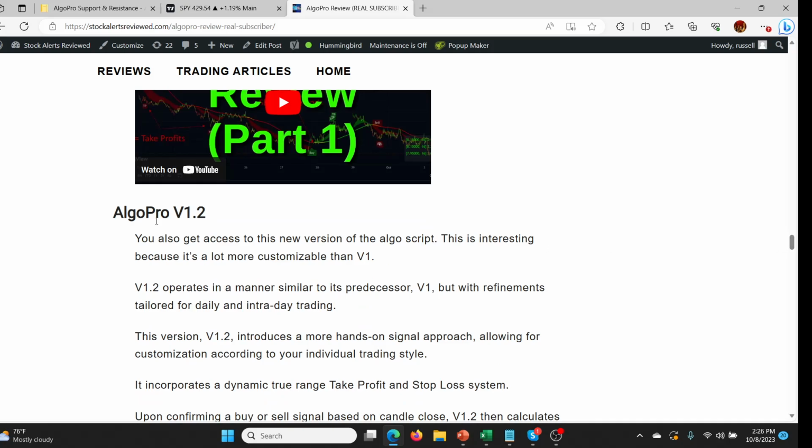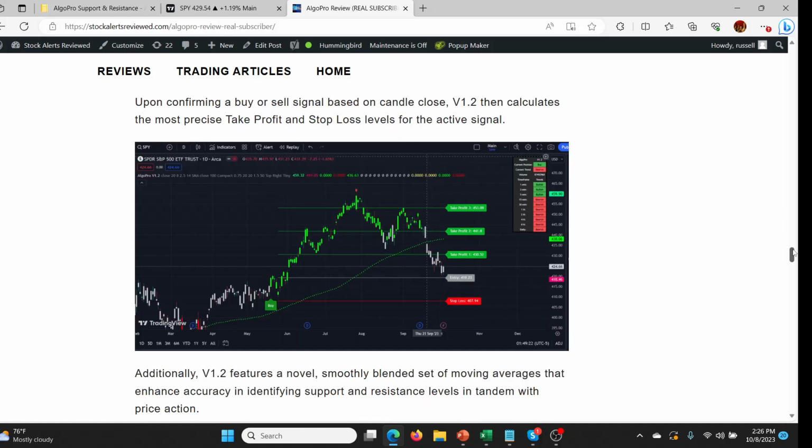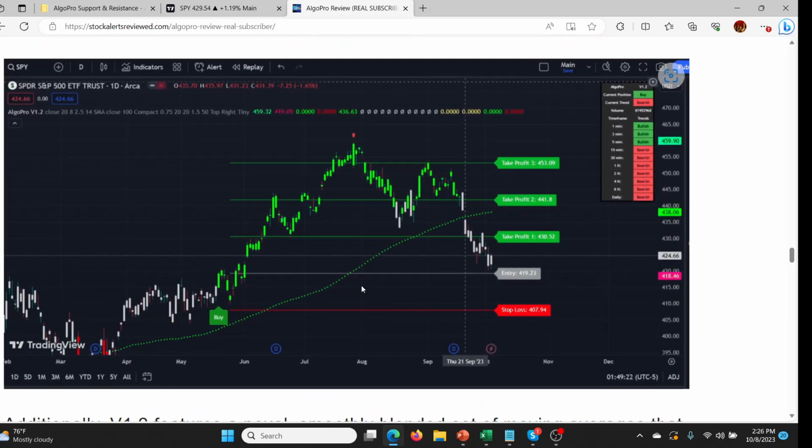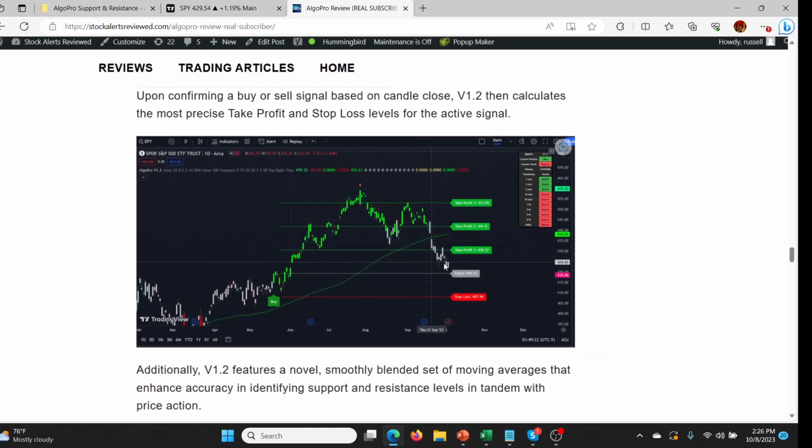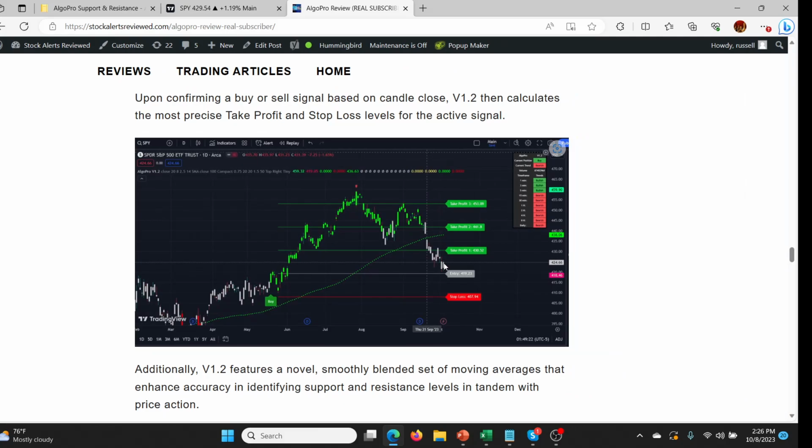My favorite at the moment is the Algo Pro V1.2, which is really good. This is it right here. It gives take profits and stop losses and things as well. So you see the buy signal there, for example, and that's the entry. And then you've got these take profits and also a stop loss here. There's a lot more to the Algo Pro system though than just the buy sell signals, which I really like, because trading those alone usually is not enough.